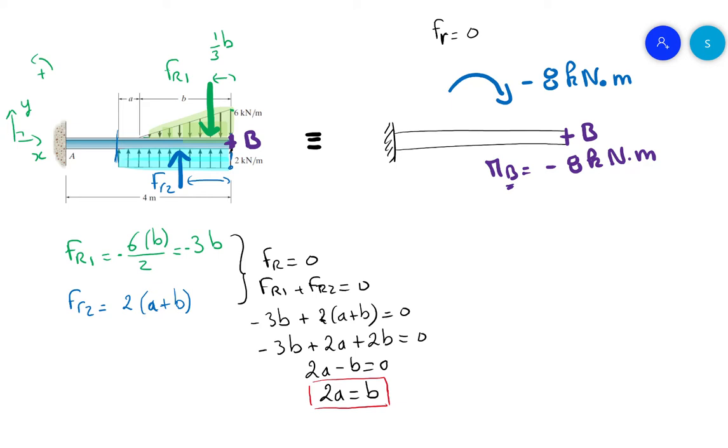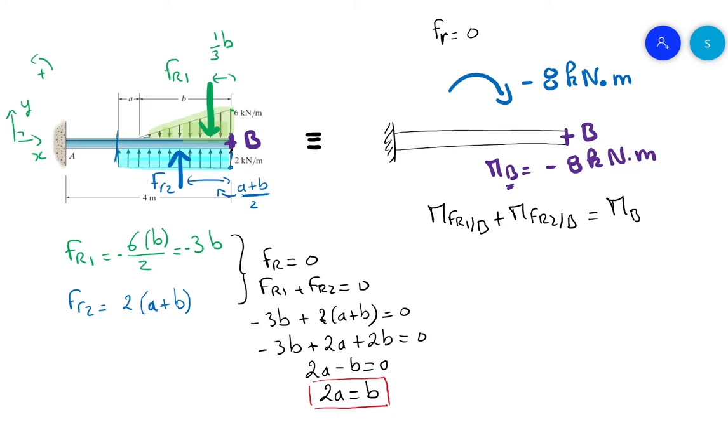So this distance there is A plus B divided by 2. Okay. So when we do the equation of the moment of the force FR1 about B plus the moment of FR2 about B, it's equal to the moment about B of the system number 2. So this one is for the system number 2, this one is for system number 1.